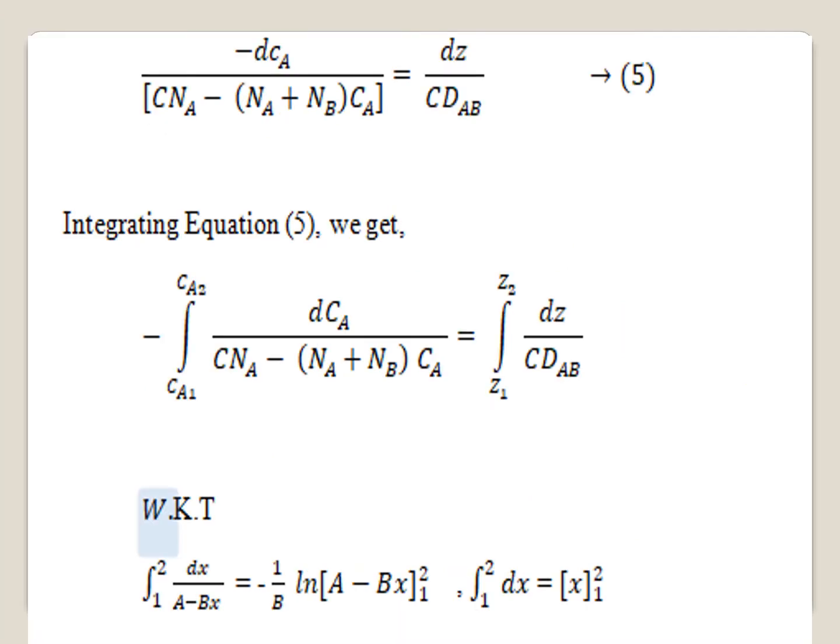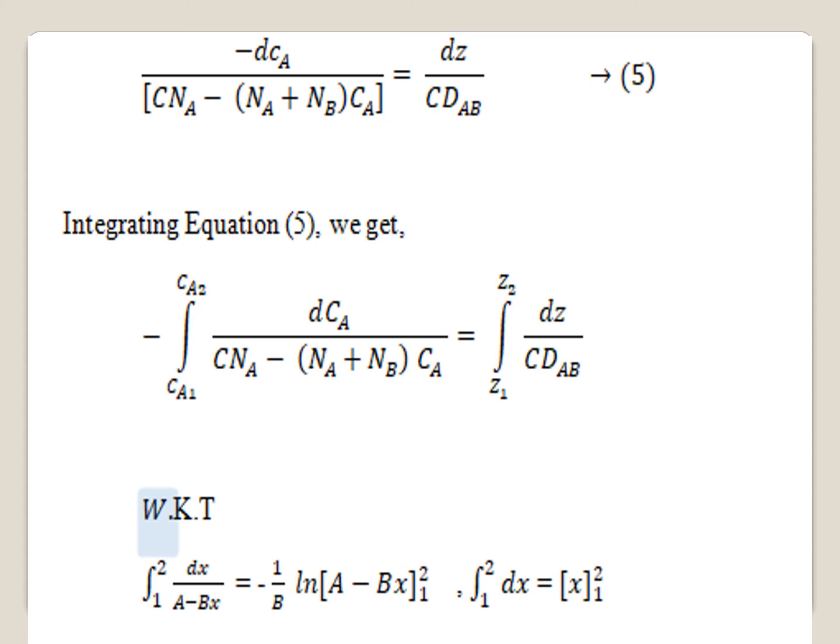So here, separating the variables: minus dCa divided by (C·NA minus (NA plus NB) into Ca) is equal to dz divided by C into DAB. This is the fifth expression.